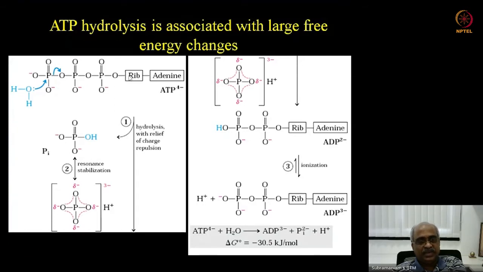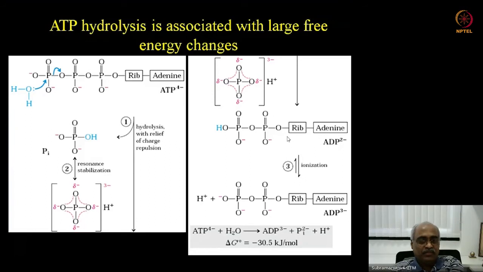Okay, so this is what I meant by saying the energy content or enthalpy of a molecule is dependent on the kind of bonds that are there and the kind of atoms that are linked by those bonds. So here you get an idea of this. This is the energy content of molecules.